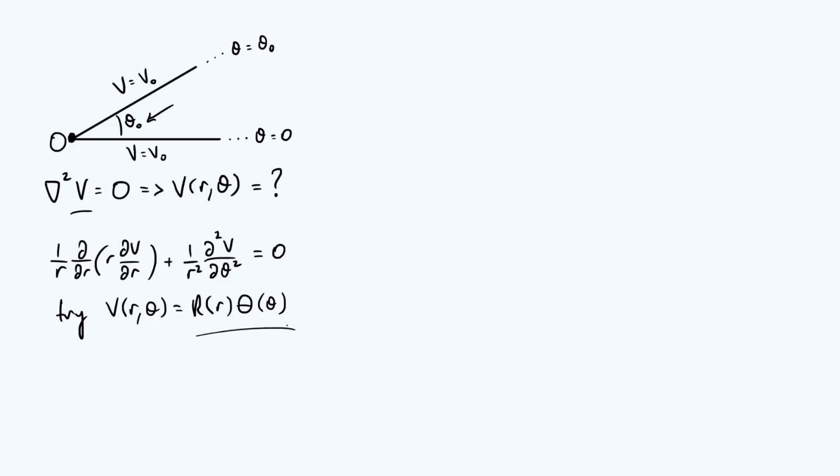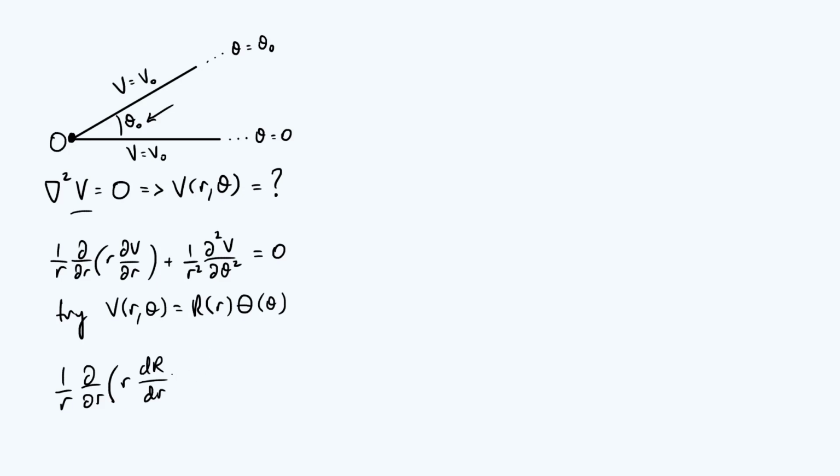Let's just substitute this functional form into our differential equation, and the beginning stays the same, 1 over r d by dr. Now, you've also got your r in there, that doesn't change of course, but dV by dr is a partial derivative with respect to r, so when you differentiate V, which is all of this stuff, you only differentiate capital R. Therefore, you can write dV by dr as dR by dr. This can be written as a total derivative because big R only depends on little r.